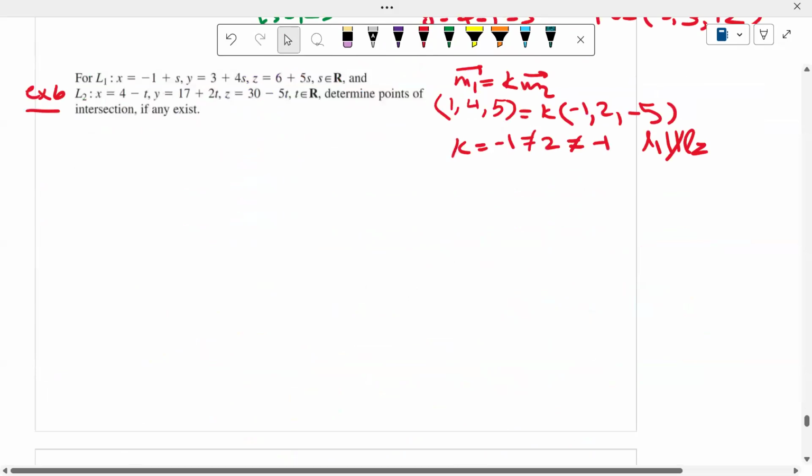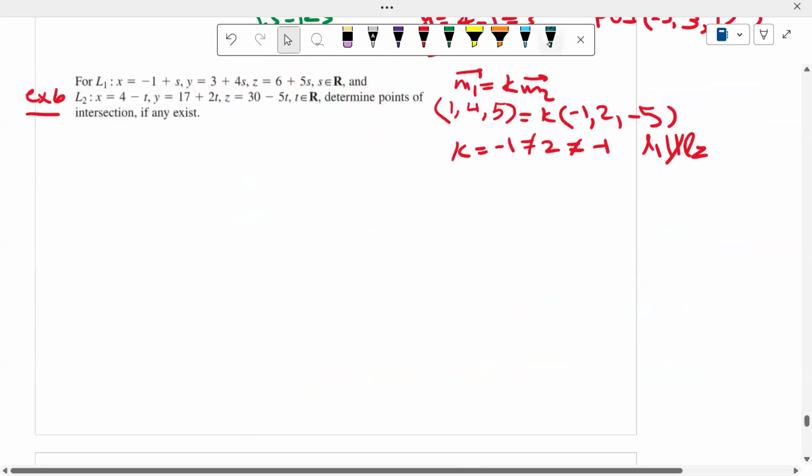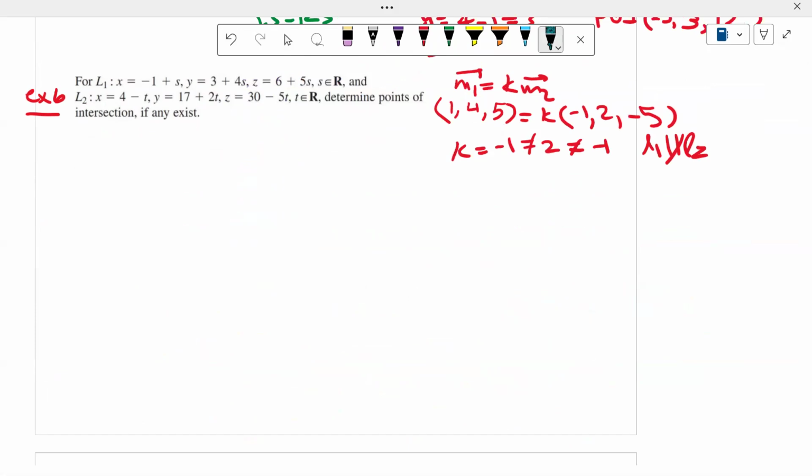So let's do this. First, I'm going to write the parametric equation of line 1. It is actually given to me. So minus 1 plus s, 3 plus 4s, and 6 plus 5s.